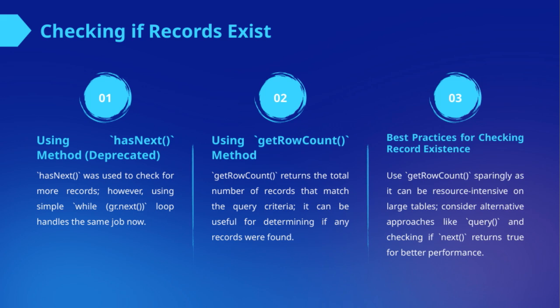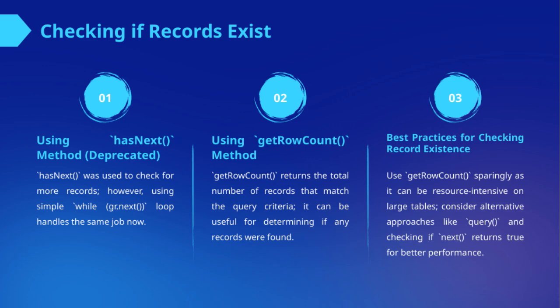Now, getRowCount does have its uses, mainly when you need to know exactly how many records match your criteria. But if all you want to know is whether any records exist at all, checking if next returns true is usually sufficient. Earlier, hasNext was commonly used for this purpose, but it's now deprecated.